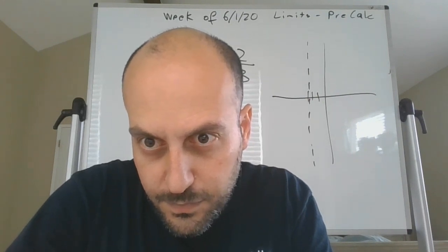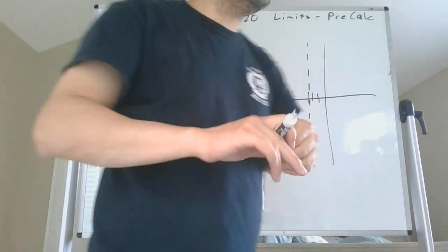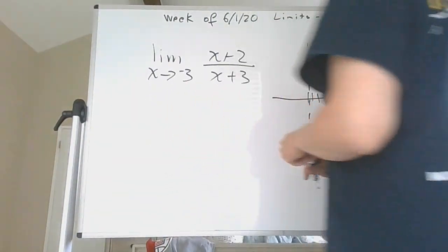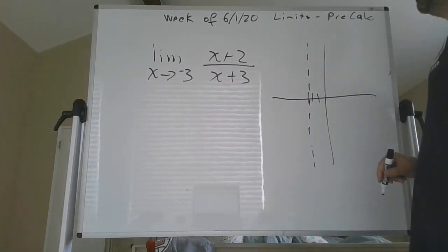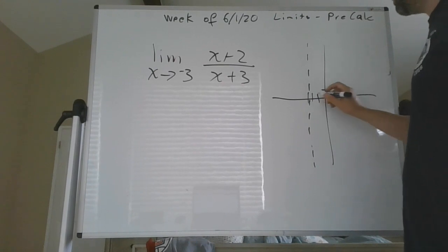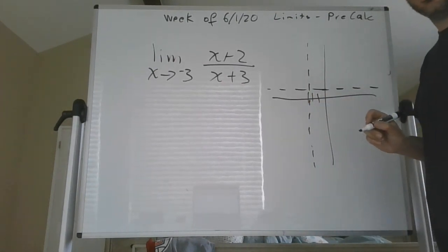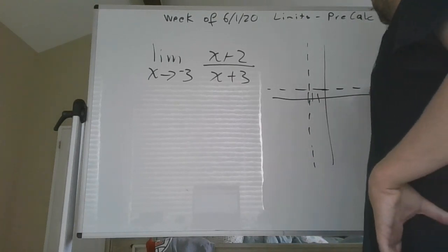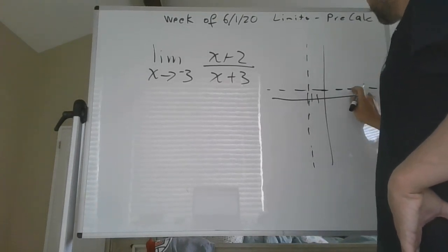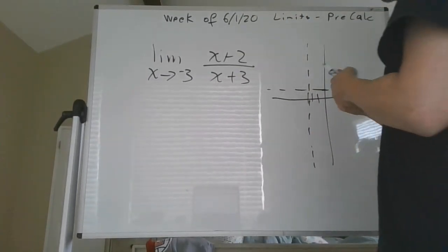All right, we're gonna have a graph that looks something like this. x plus 2 over x plus 3.